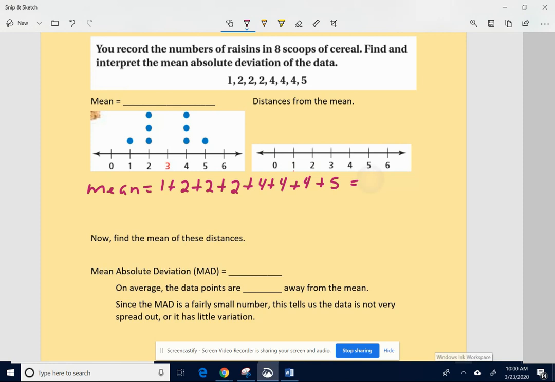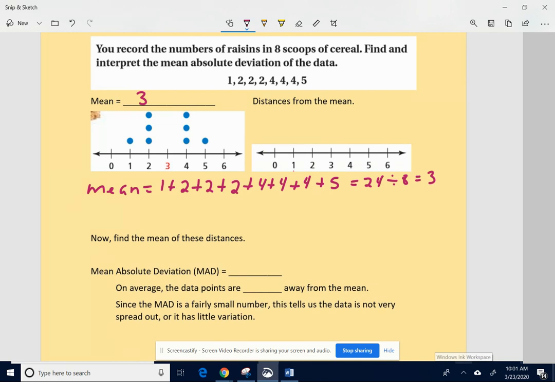We're going to get 24. We take that 24 and divide by the number of scoops. There's 8 of them. So the mean is 3. The mean of all 8 scoops is 3.